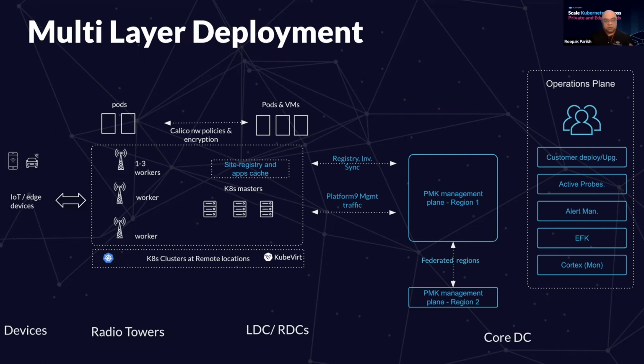Now, those machines, along with some other machines inside your local data center or the aggregate edge, will form what we call one Kubernetes cluster, which is an independent entity. So let's say you have your RAN software running on these machines, then the control for those is going to be running inside your local data center or the aggregate edge.